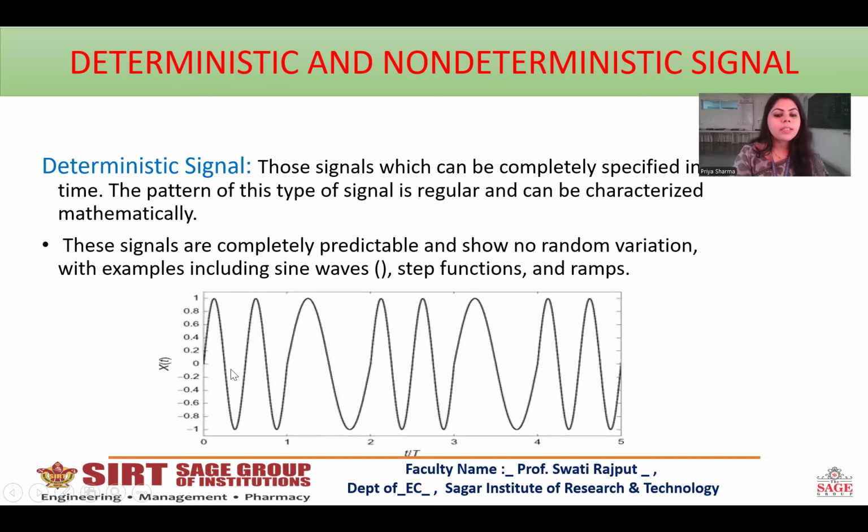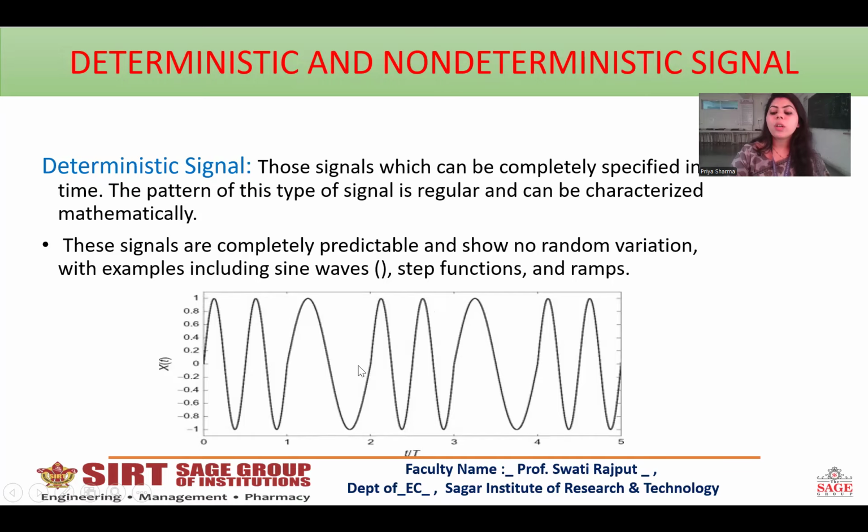How is this waveform? This is regular. And this signal can be completely predictable. That is, no random variation will be there. You can look over here. Is there any random variation? No. This is continuous and deterministic.